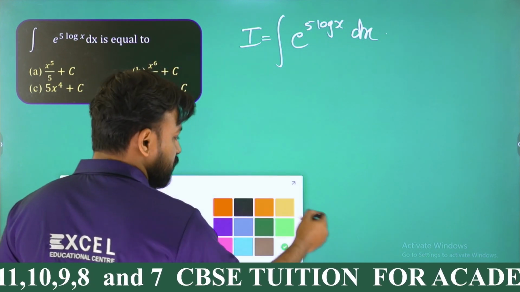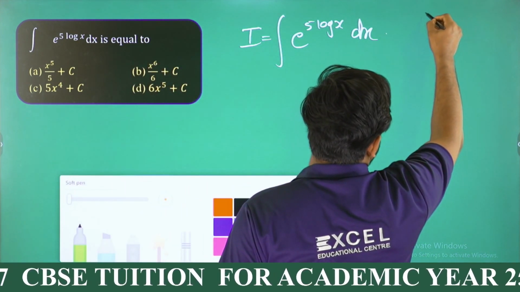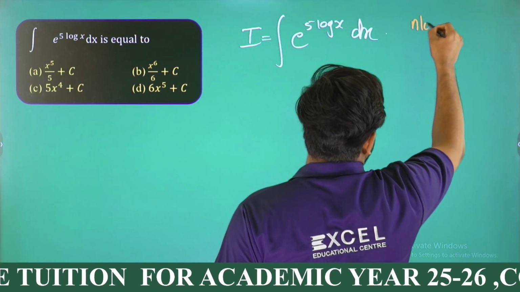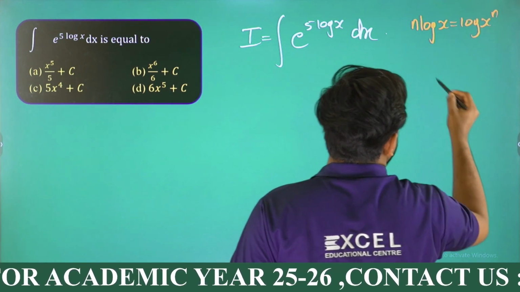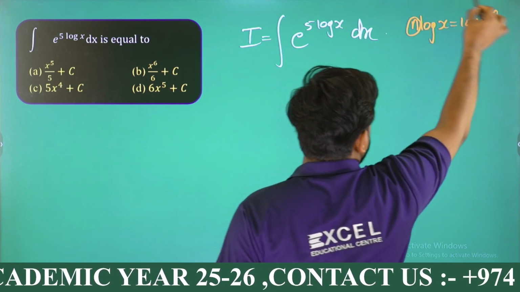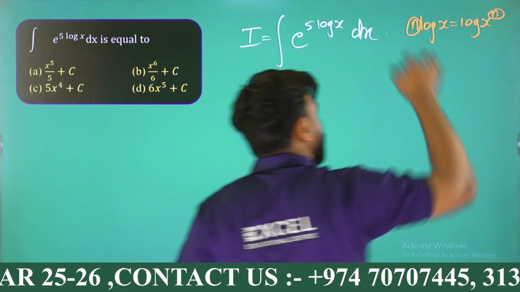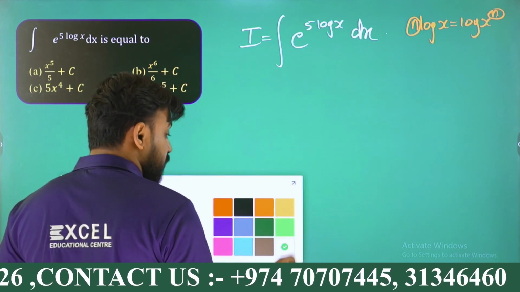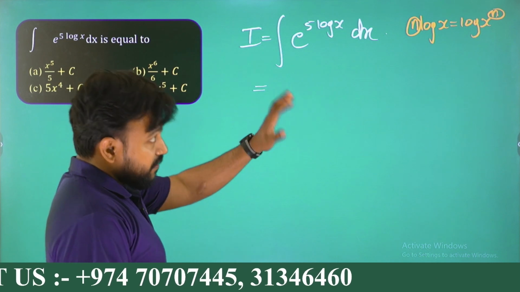To do this question, you have to know one property of log. It's n log x is equal to log x raised to n. If there is a constant in front of it, you can take that on top. If there is a constant on the power of x, you can take that in front of the log. So we will use that property in both ways.